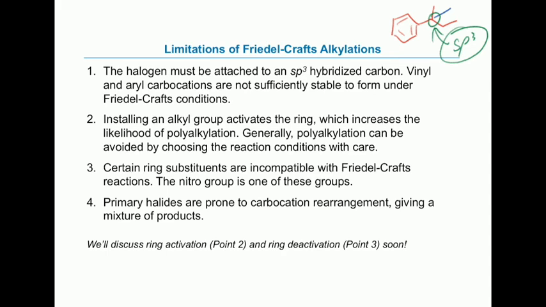Funny enough, vinyl centers, aromatic centers, like if I tried to make something like this, a double bond, where I have an sp2 junction, or biaryls like this, these sp2 junctions are not possible using Friedel-Crafts.